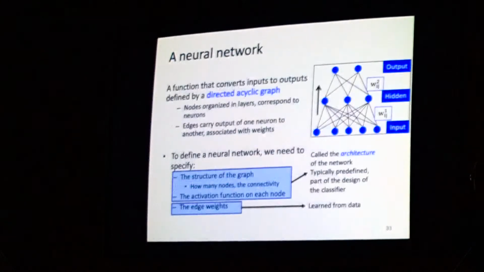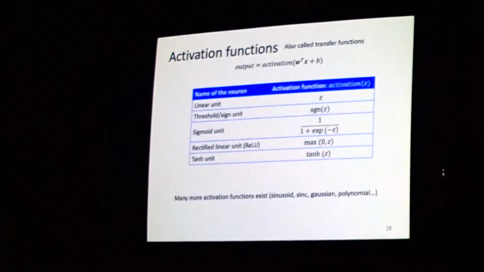The activation function can be many things. It can be a linear unit, meaning it just returns the input itself. Or thresholding, which is used in a linear threshold unit. And sigmoid, much more common. And rectified linear unit. So the value of a neuron, which is referred to as output here, is computed in two steps.